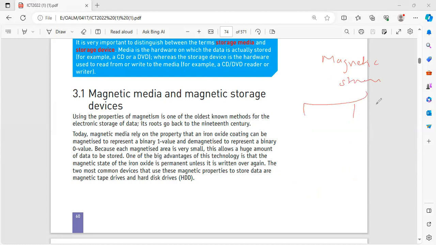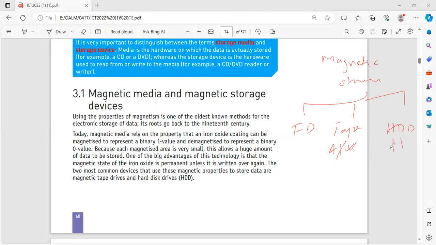Here you will usually find three types of storage: floppy disk, which has been made obsolete, tape, audio video tape, and hard disk. Tape has also been finished. Audio video tape has been finished. It is only used for backup purposes, but right now it is not used mostly. But hard disk is still being used.